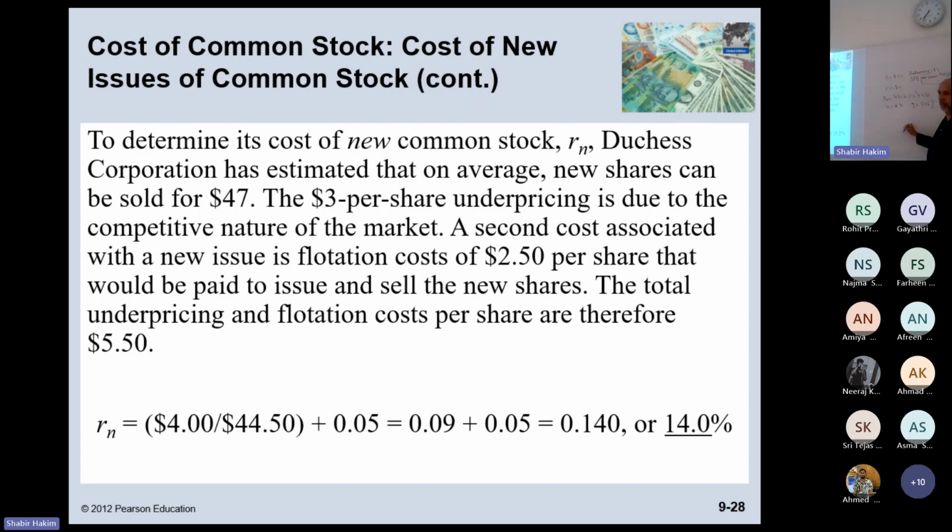We can find the cost of new issue, that is Rn is equal to D1 divided by Nn plus g, that is 4 divided by 44.50 plus 0.0505. Now we can find the value. How much is that?